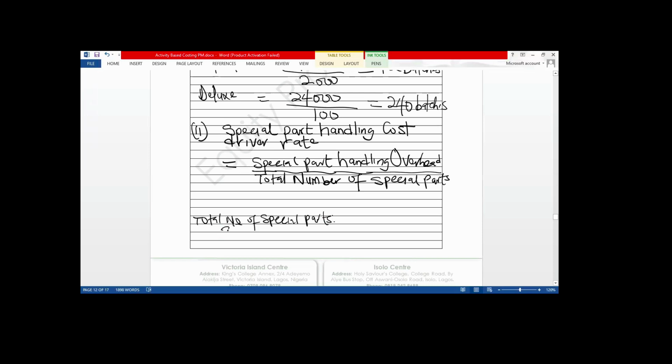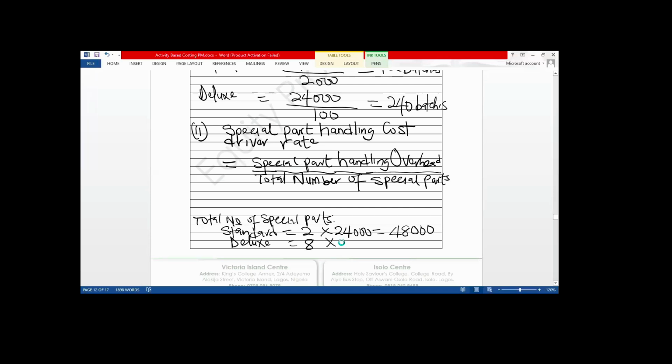You take standard. This is equal to 2 special parts per unit. And I'm going to produce 24,000 units of doulos. That will give me 48,000 special parts for standard. Doulos is 8 per unit special parts.